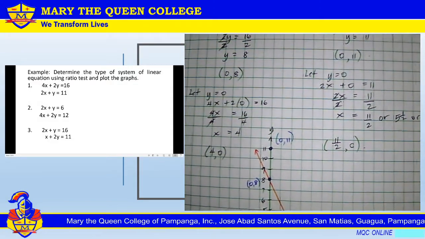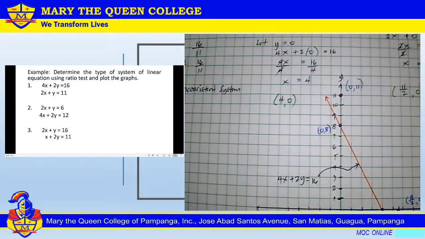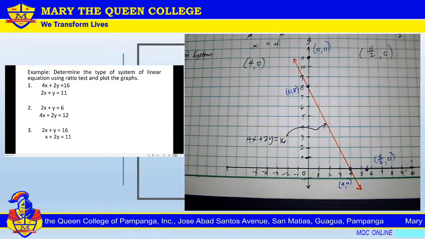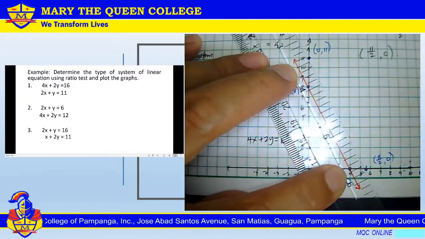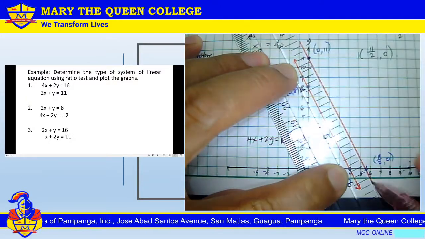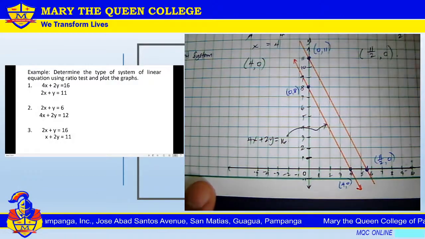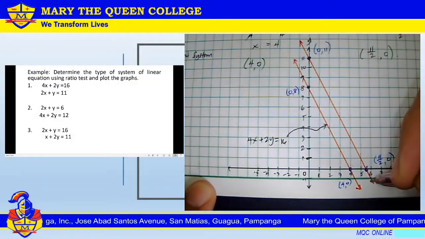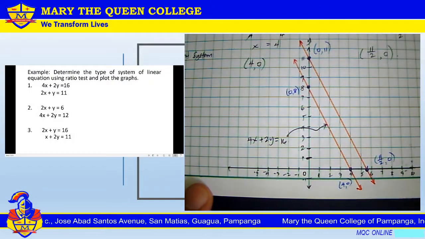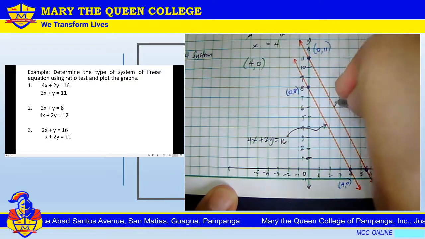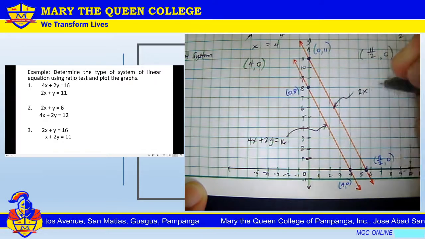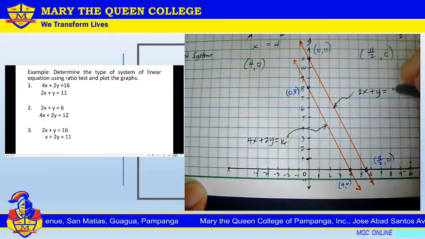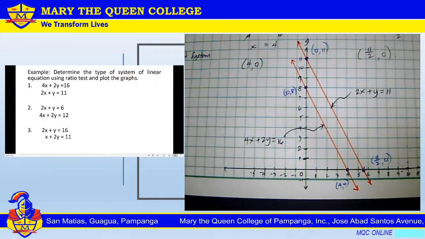And we will now connect these points. Then extend these lines. So this is now our second equation, which is 2x plus y equals 11.